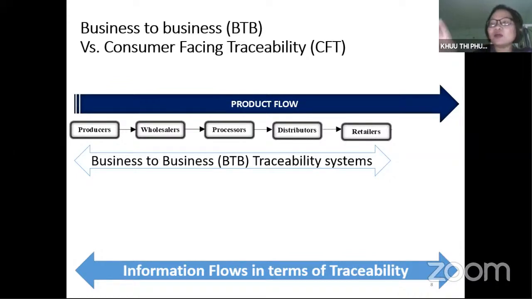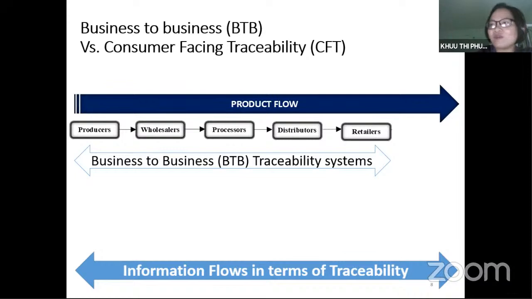That's why the information will be shared within the producer side, not to consumers. The information in business to business may include secret information of the producers, because it will not be provided to consumers.